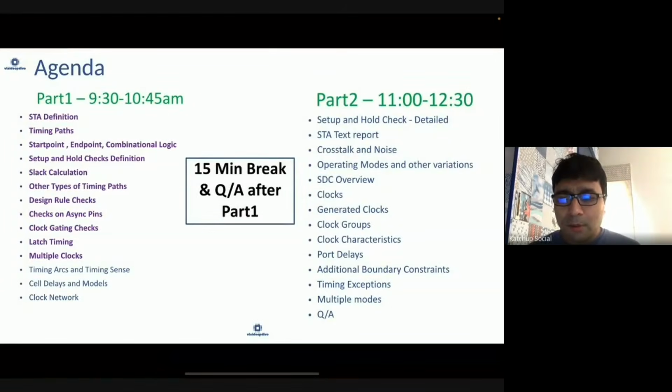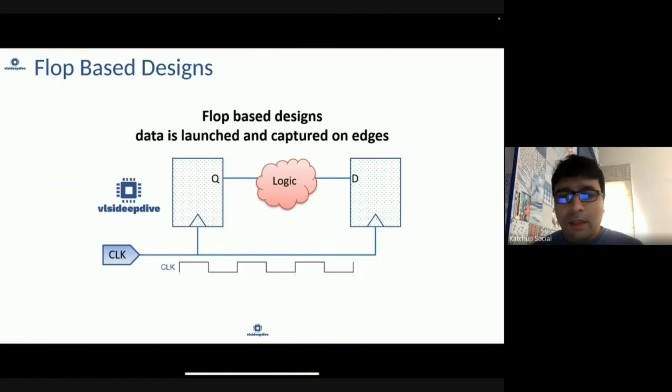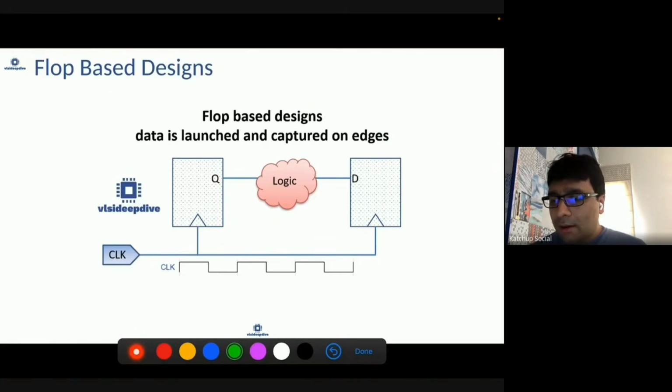Let's go to our next topic, which is about latch-based timing. It's an interesting topic and probably not very well understood by everyone. So we'll try to understand it conceptually and with more clarity. In a flop-based design, so far we have seen flop-based designs, data is launched and captured on clock edges.